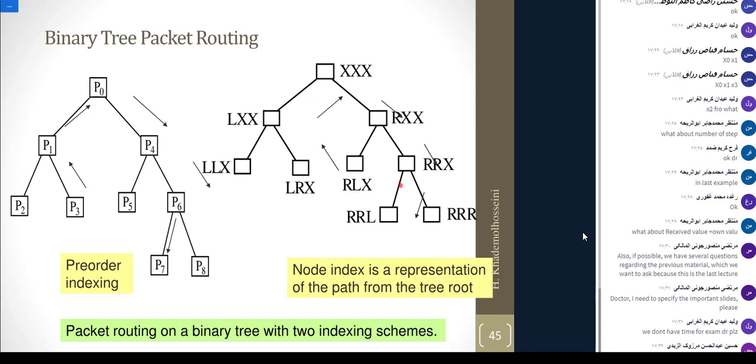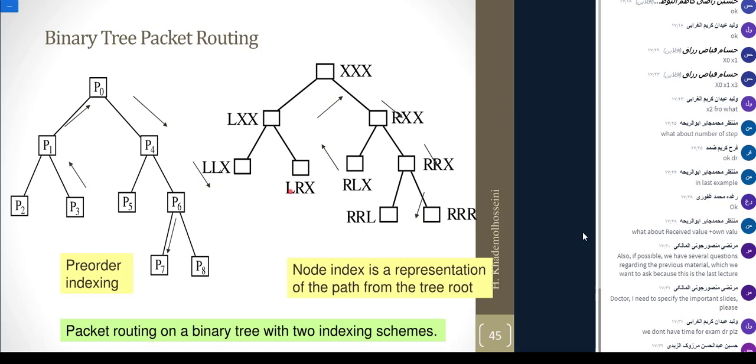We first find the height of the tree. The height of the tree is 3. So at the beginning, we write XXX. When we go left, we name it LXX. When we go right, we name it RXX. Then we go again left, we name it LLX.